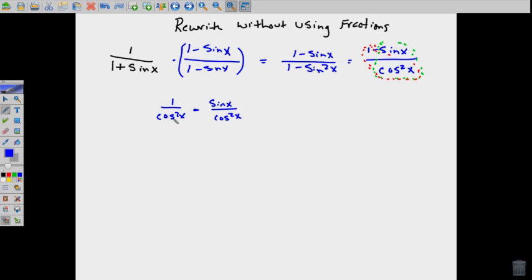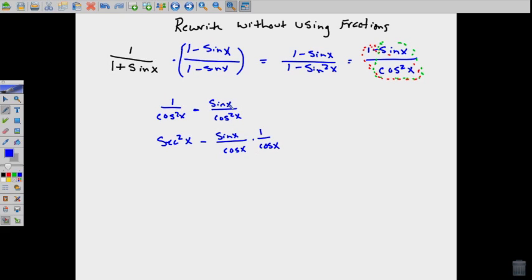Alrighty, now that I have it broken into 2 things, I can see this piece right here as its own separate identity. 1 over cosine squared is secant squared of x, and that's minus this whole deal happening here. Now I can break this up one more time so that it says sine of x over cosine of x times 1 over cosine of x.